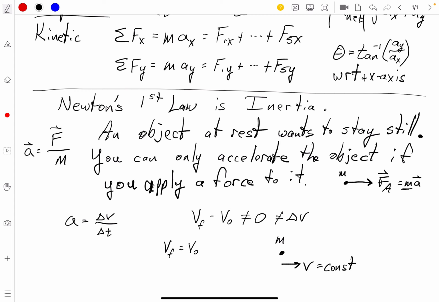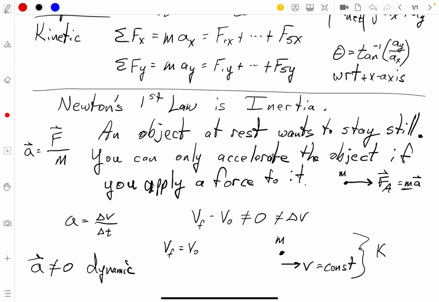So there's no dynamics to this situation. A not equal to 0 means dynamic. So it's definitely not static, but it's not dynamic either. So we could say that it's kinetic. So this is where kinetic comes in.